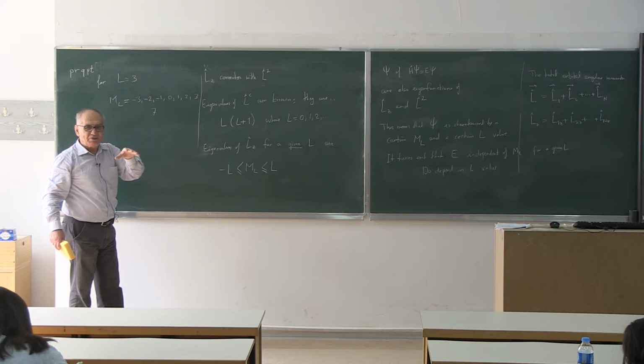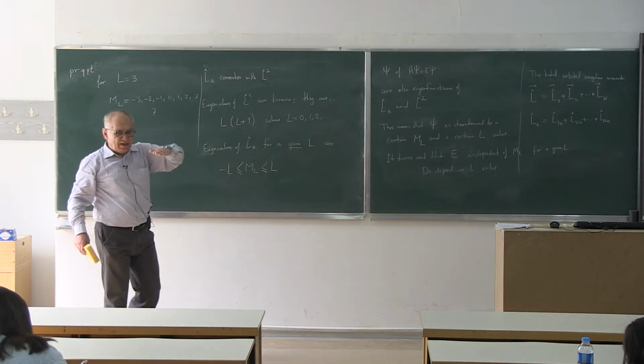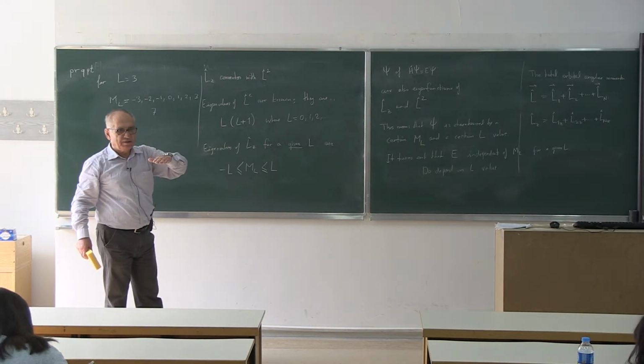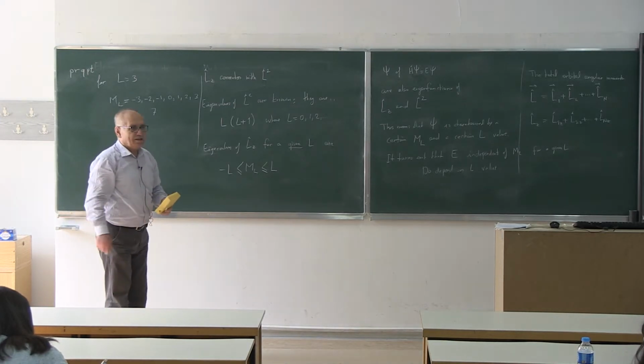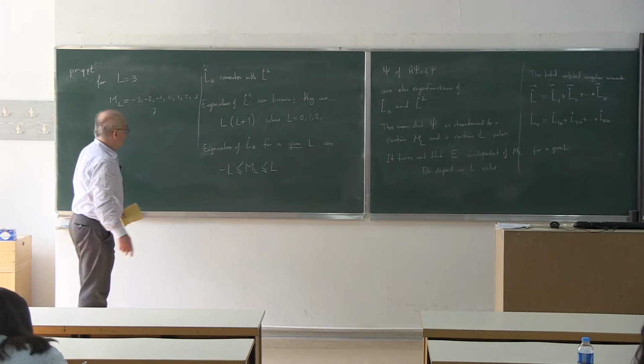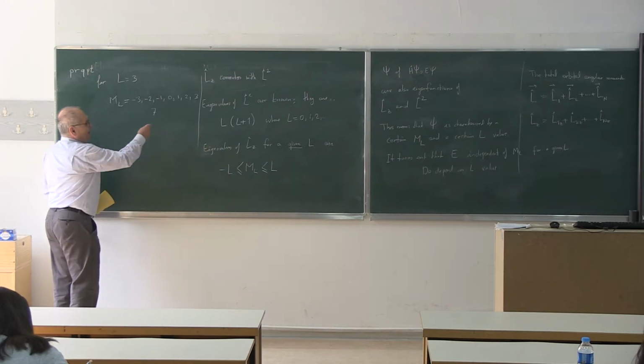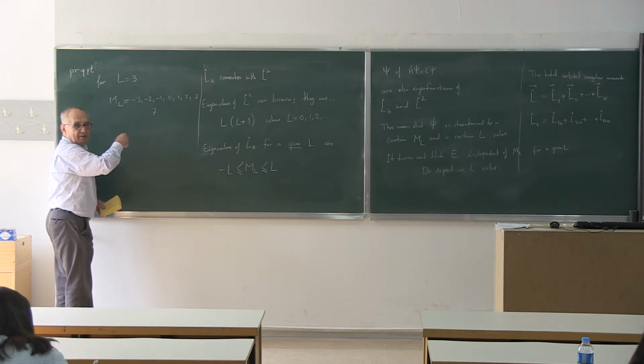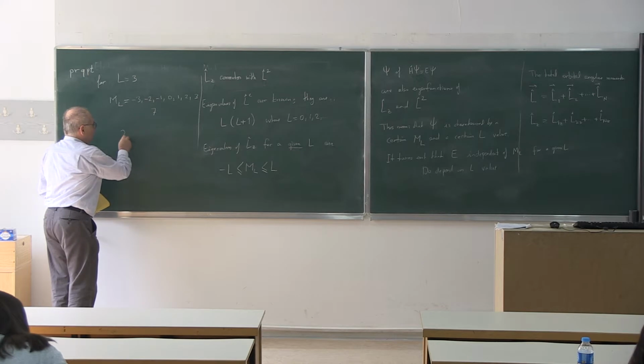What do we call this type of situation? Energy is the same, but there are many different functions. Degeneracy. So the number of ML values gives the degeneracy of the energy level. In general, for any L value, how many different ML values can you count? 2 times L plus 1.